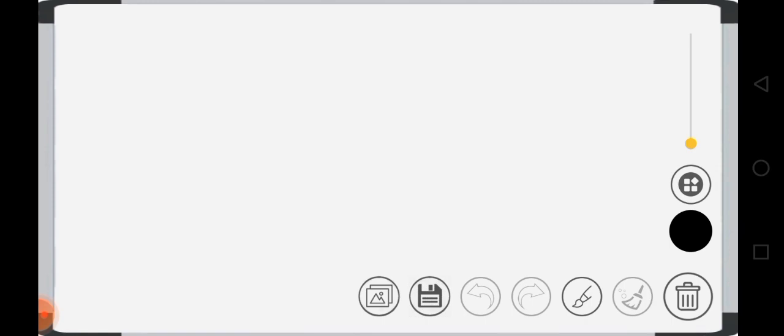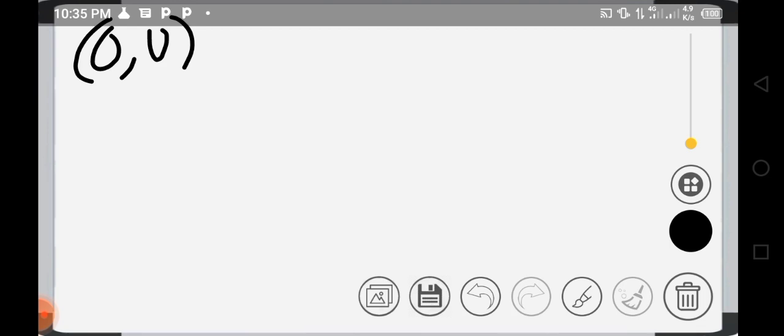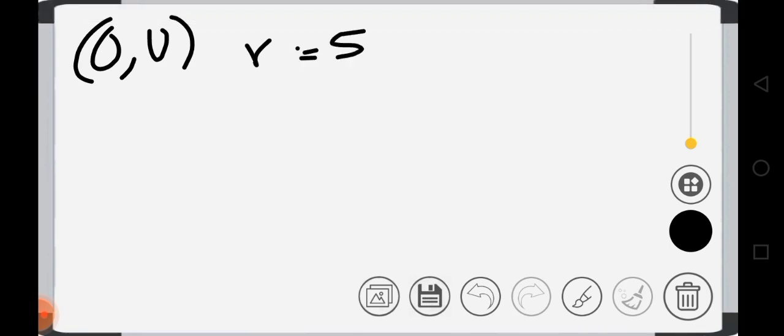Alright, let's look at this. Find the equation of a circle whose center is at the origin, (0, 0), having a radius equal to 5 units.